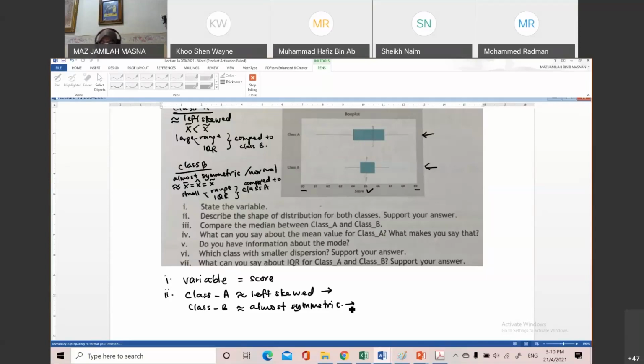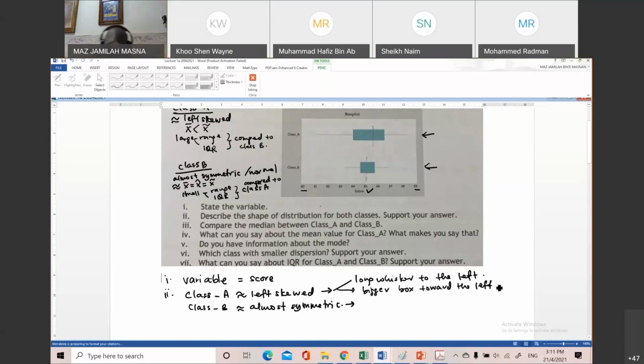What can you tell about the left skewed distribution? Long whiskers on the left. Yes, long whiskers to the left, or you can say bigger box towards the left, if you want to put it that way.